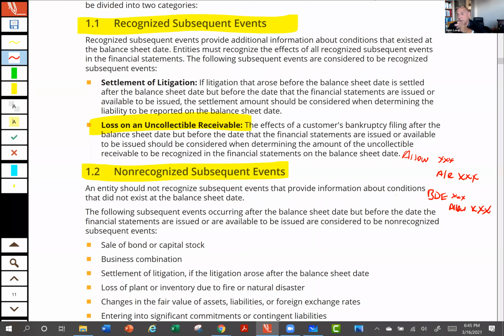So your estimating process might say, you know what, better kick a little more into the allowance. But what you did is you just recognized a subsequent event by making an adjustment to the financial statements because the condition existed at the balance sheet date, right? And it hit both the income statement and the balance sheet, right?